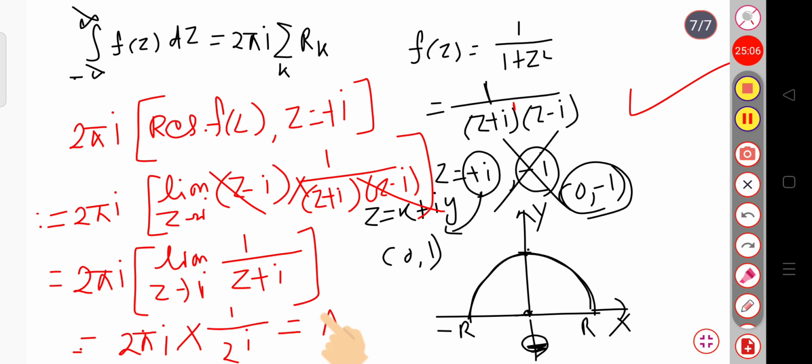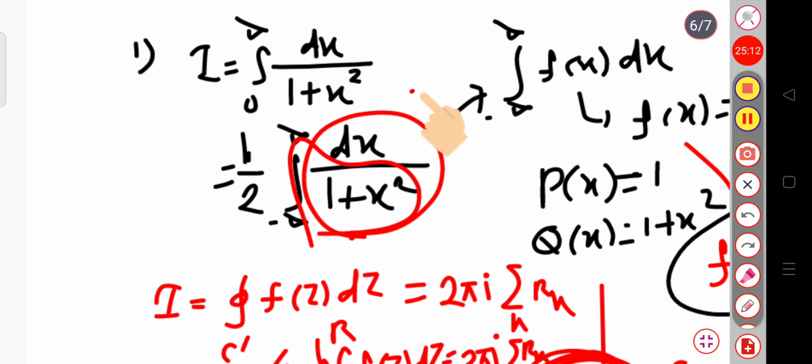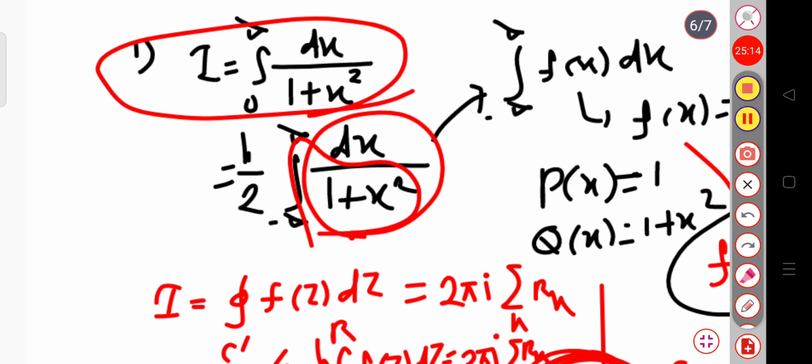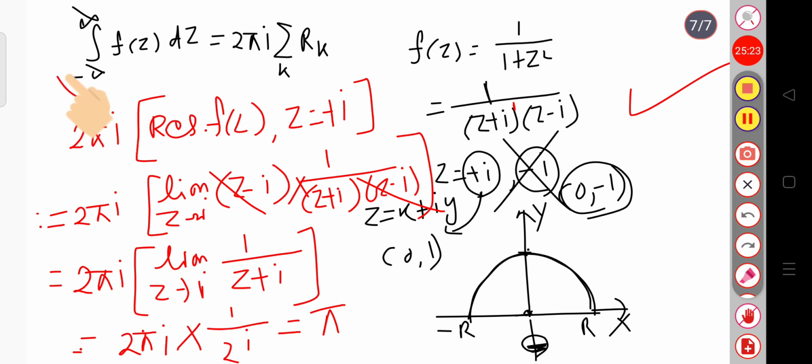But this is not the answer. What is our question given? You can see here our question is to find I equal to integral 0 to infinity dx by 1 plus x square. Okay, this limiting value is from 0 to infinity. Here we have calculated for minus infinity to plus infinity. Now what we will do? We have calculated that this minus infinity to plus infinity f of z dz will be equal to pi.